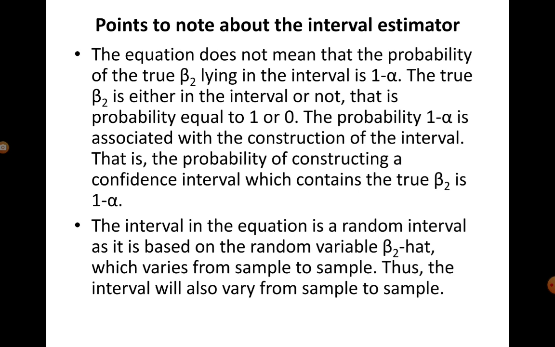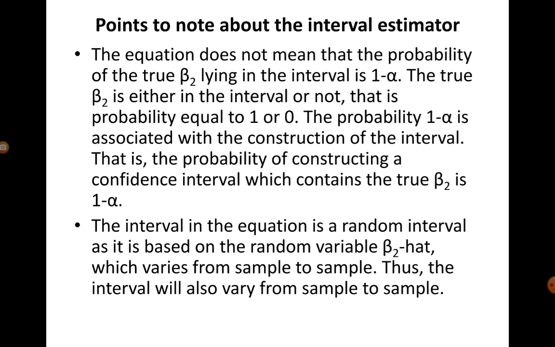I am not saying that the probability that the true beta 2 is within this constructed interval is 95%. No. Once the interval is constructed, whether beta 2 lies inside the interval or not is fixed: if it lies inside the interval, the probability of beta 2 being in the interval is 1. If it does not lie, the probability is 0.